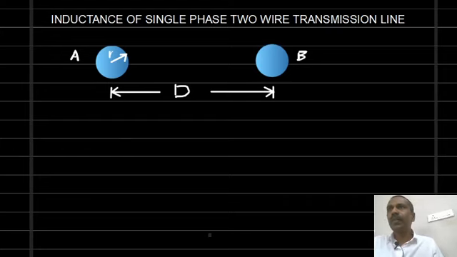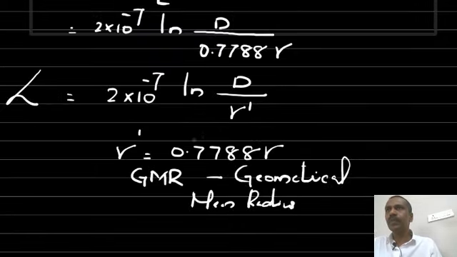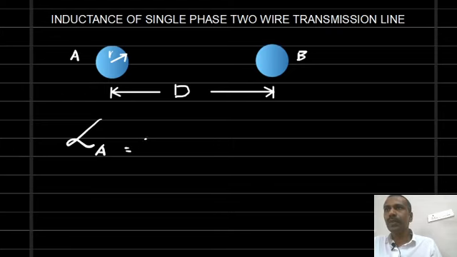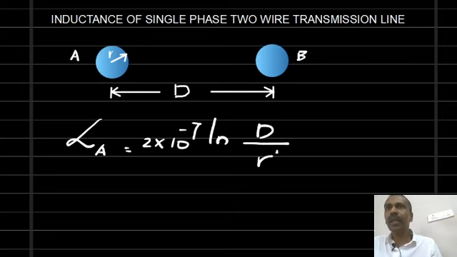Now we will find out the inductance of a single phase two-wire transmission line. What is the inductance of one conductor? It is equal to 2 into 10 raised to minus 7 natural logarithm d by r dash. This same expression is equal to LB, the inductance of the second conductor.